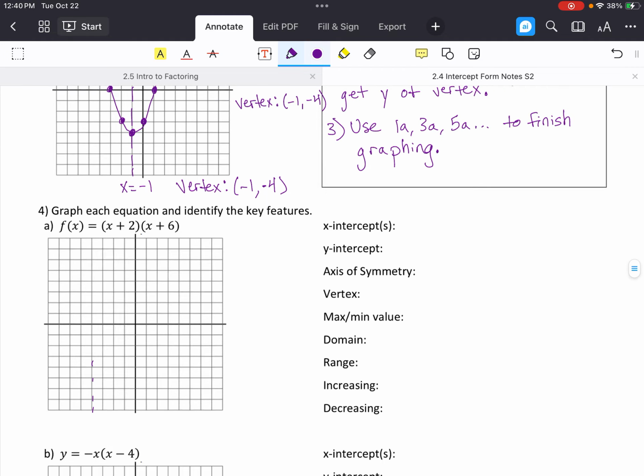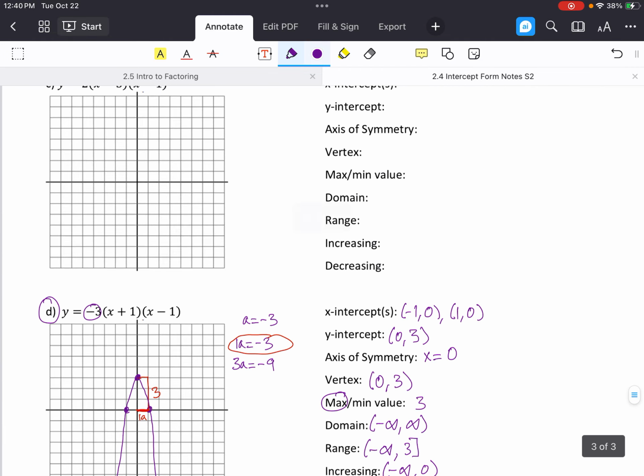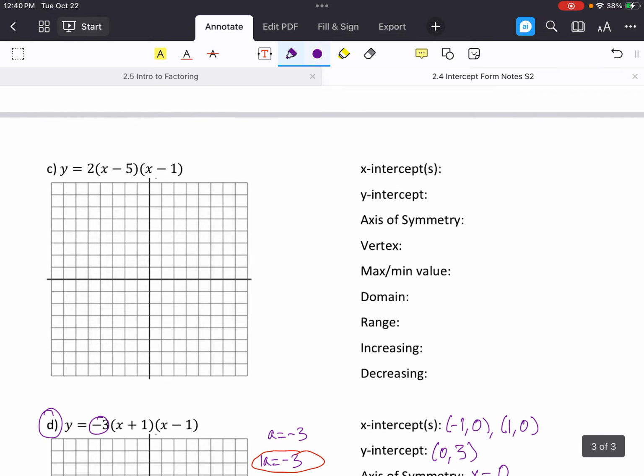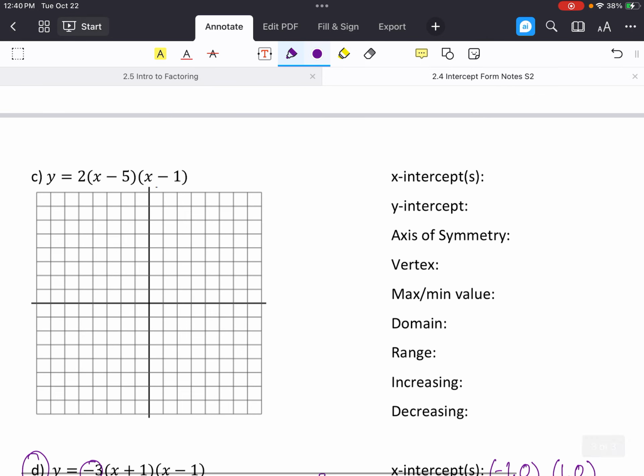Okay, I'm going to do another one. I'll do part C. So I already know that my x-intercepts are going to be 5, 0, and 1, 0, so I can plot those. We got those because we're looking for what number would I plug in that makes that parentheses equal to 0.